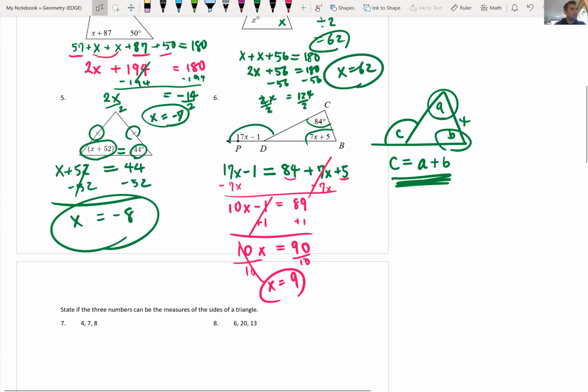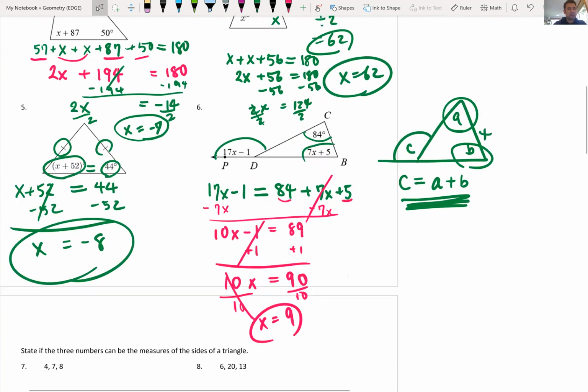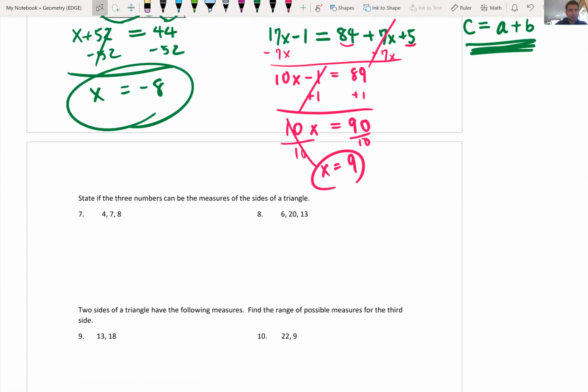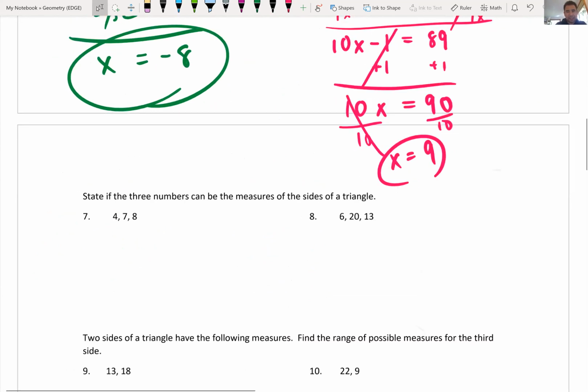How do you guys feel so far? Feel good about this? Okay, very good. The last type of questions is called the triangle inequality theorem. But let's work on number 7 and 8 first.